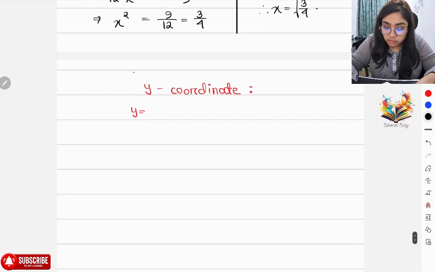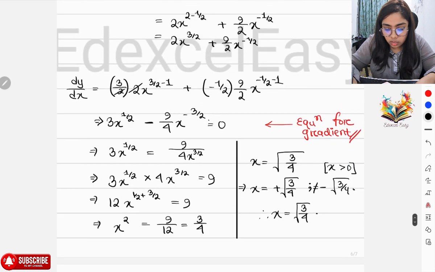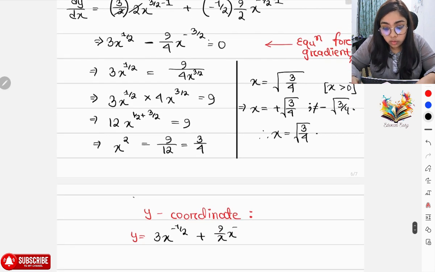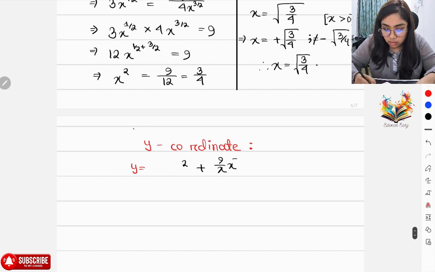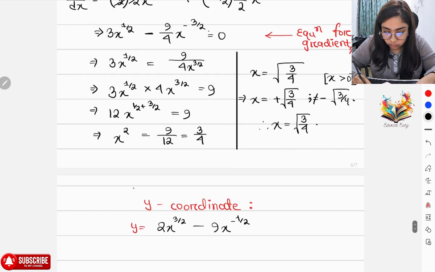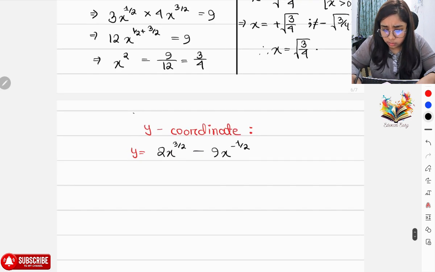So this is it. We'll now start with... I think it was plus 9 by 2 x to the power of... I don't remember the question. One minute. Wait. The question was actually 2 x to the power of 3 by 2 plus 9 by 2 x to the power of half.